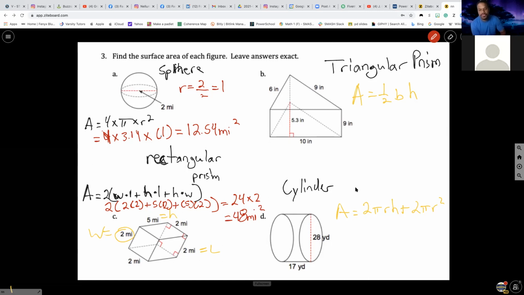All right, they want you to find the surface area here. So we look at here, we have this base here, and we have this height. So we got 1/2 times the base times the height.